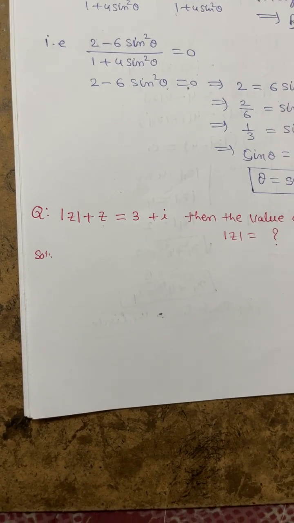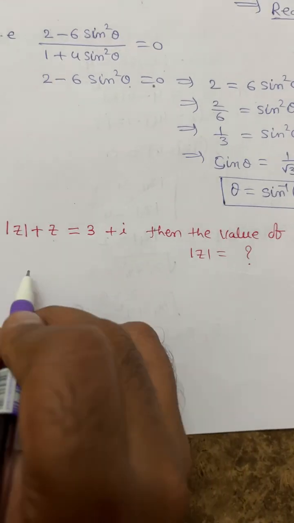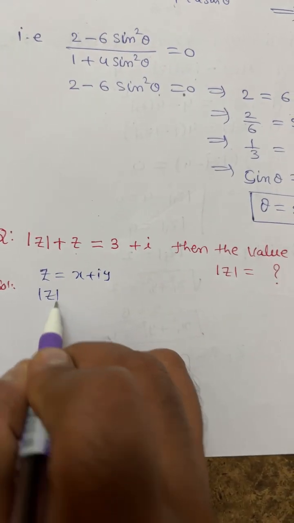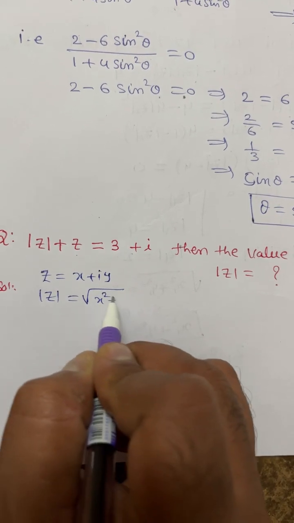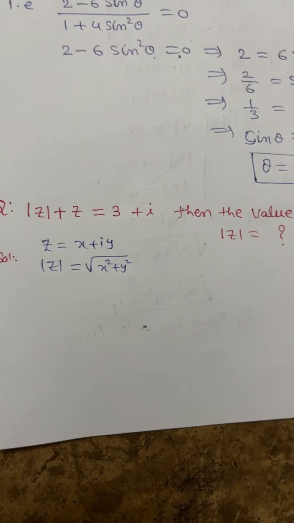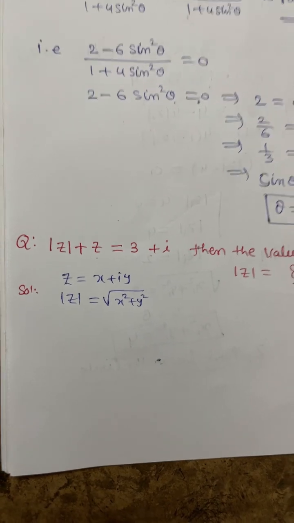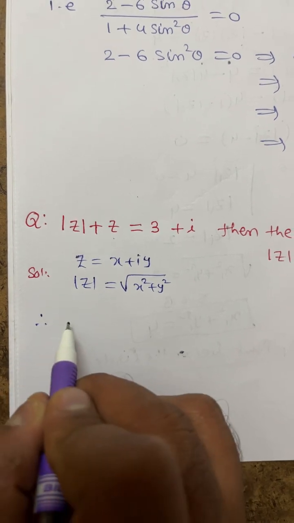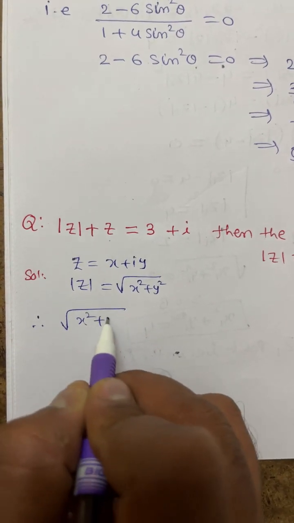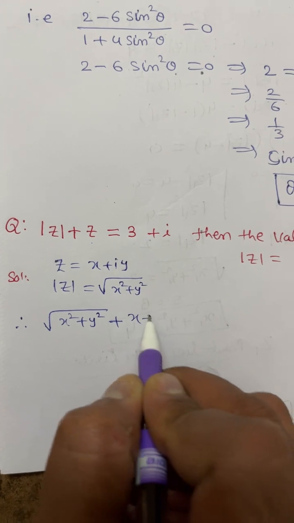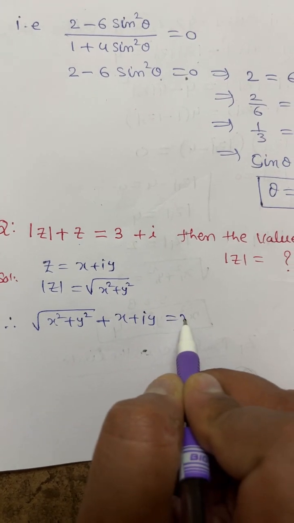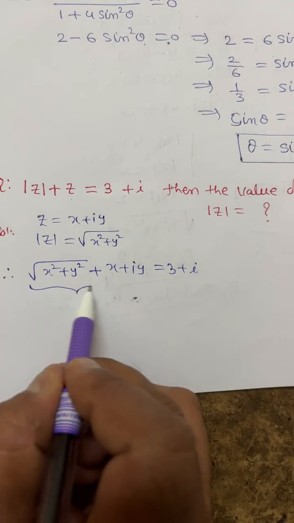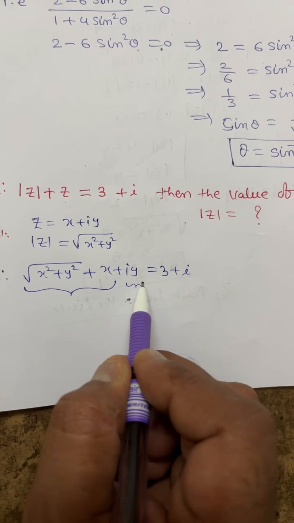Generally we know that z is equal to x plus iy. So mod z is obviously root over x square plus y square. Now, dear students, substitute these values in this given. So what comes here? Root over x square plus y square plus x plus iy is equal to 3 plus i. From here, this is the real part, this is the imaginary part.